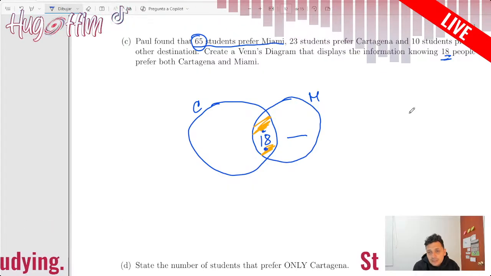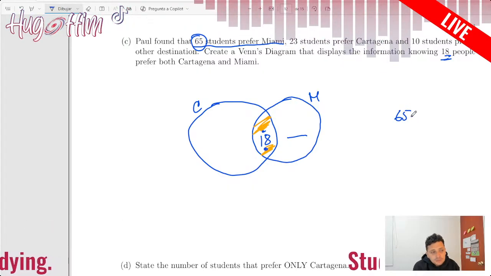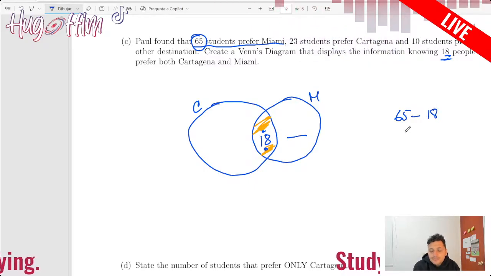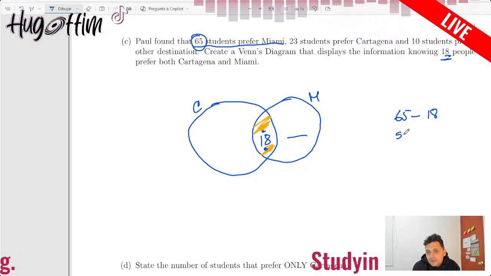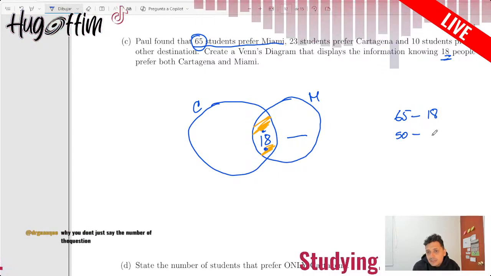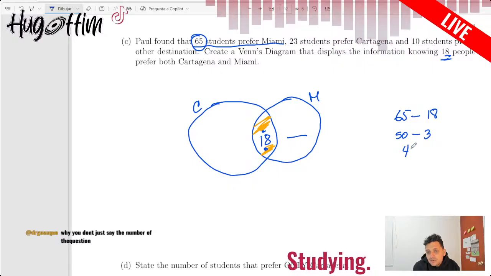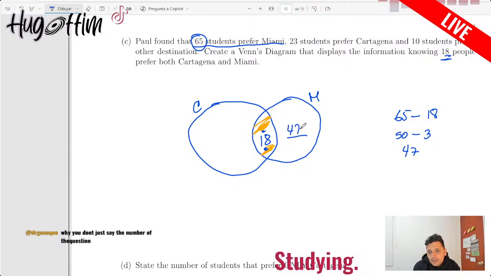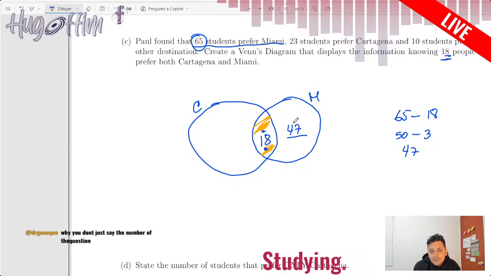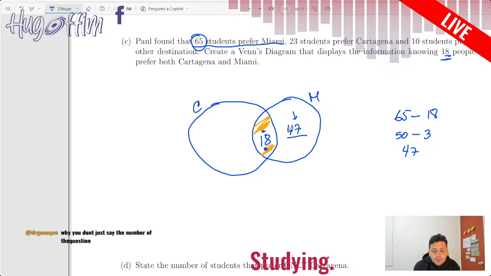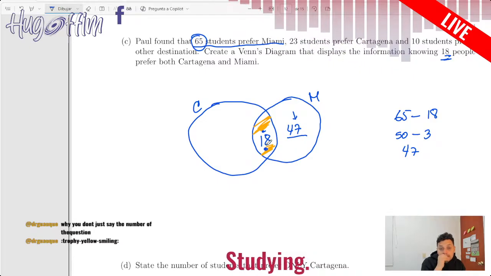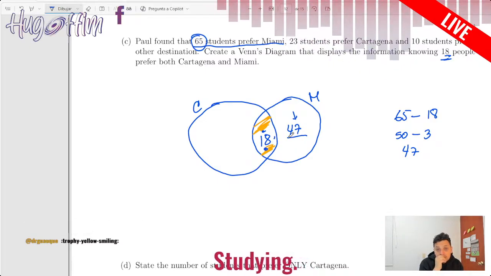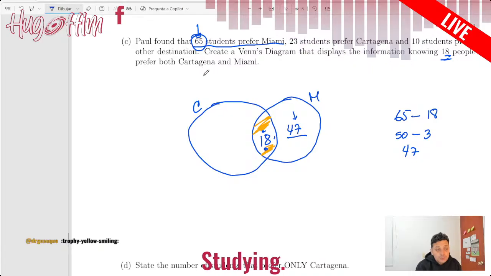I just need to subtract 65 minus 18. 65 minus 18 is 50 minus 3, that is 47. So 47 students will be in this part because they choose Miami but not Cartagena. If I add 18 and 47, I get the 65 students.